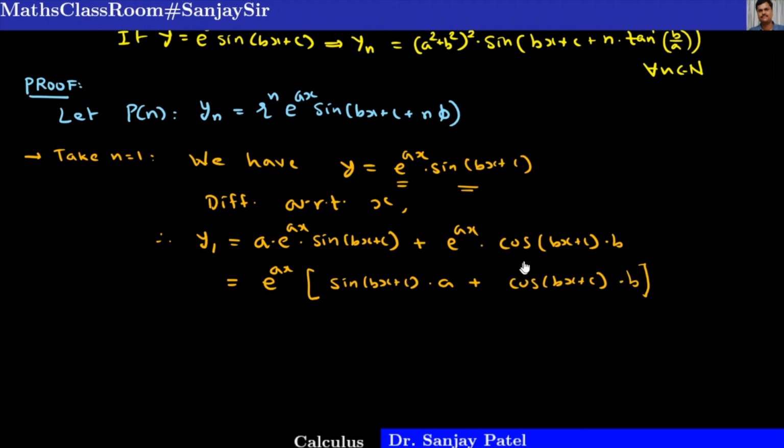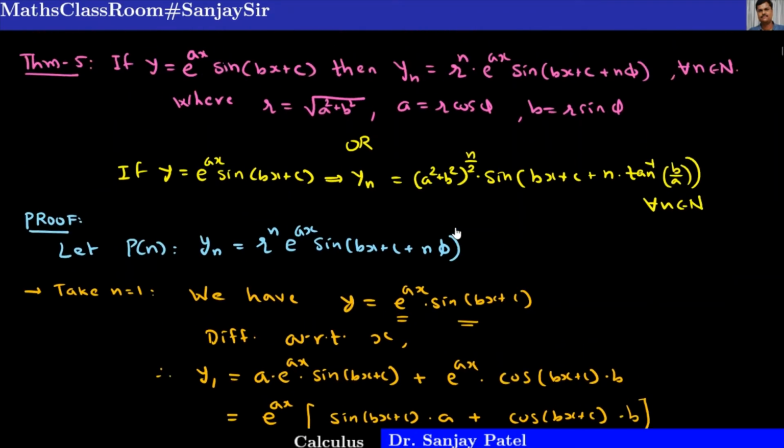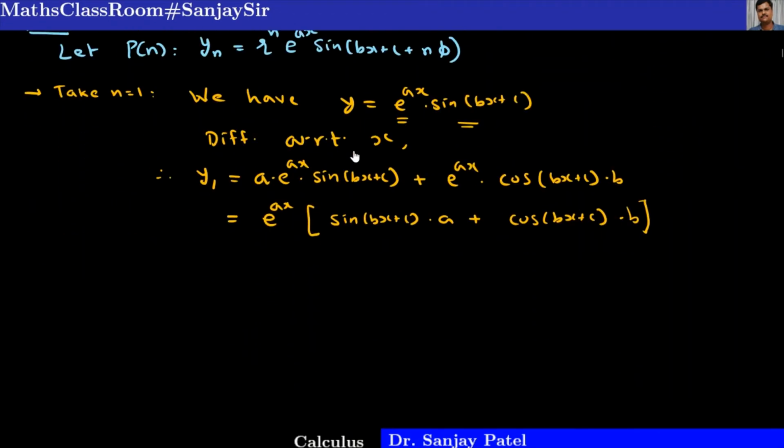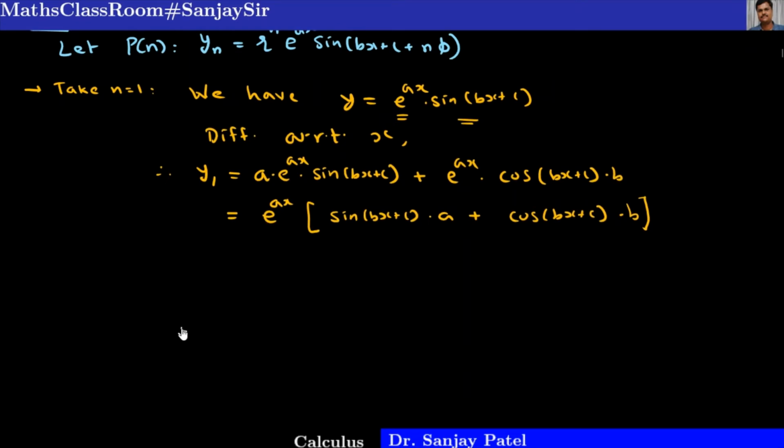That is given to us in the statement of the theorem, where a is equal to r cos phi and b is equal to r sin phi. So I will substitute the values of a and b in this. Let us put a is equal to r cos phi and b is equal to r into sin phi.